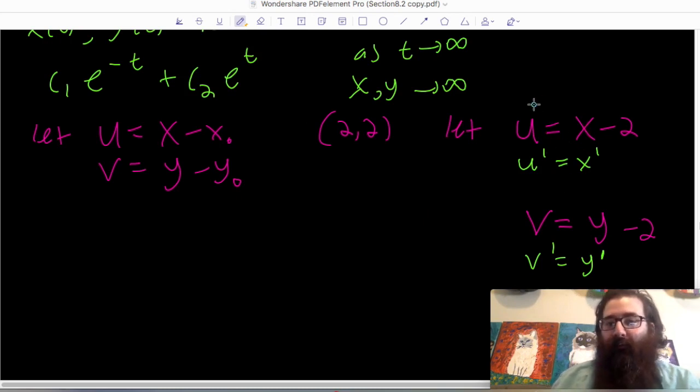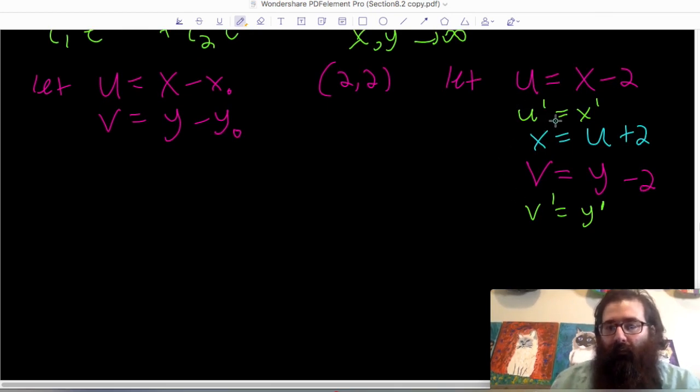Another good thing to do would be to solve for x and y. If u is equal to x minus 2, then x is equal to u plus 2. And if v is equal to y minus 2, that means y is equal to v plus 2.